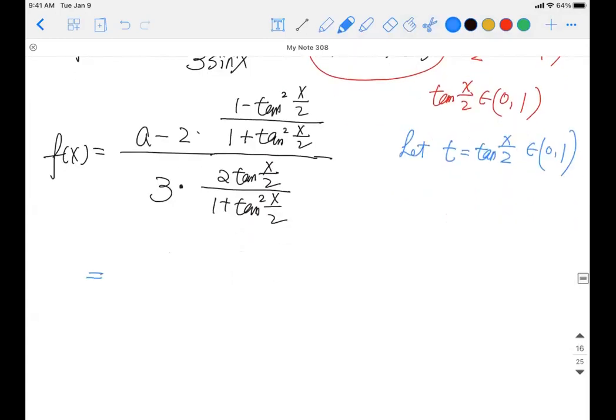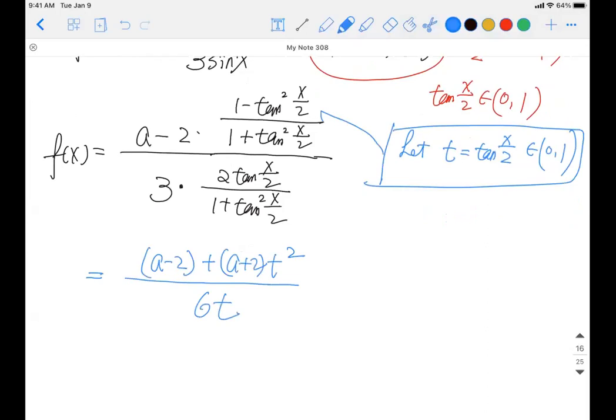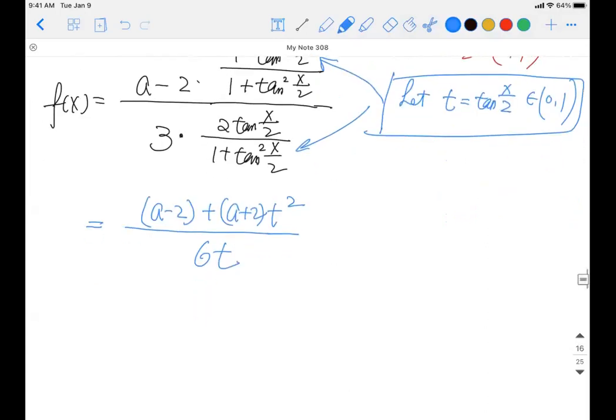So that being said, the entire thing is going to go to a minus 2 plus a plus 2t squared 6t, right? I'm just going to do a quick replacement. There's nothing tricky. I'm just doing a quick substitution, because tangent x over 2 is not something that easy. I just want to make it a little bit easier when you do the calculation, right?